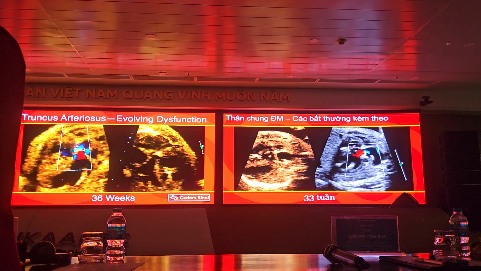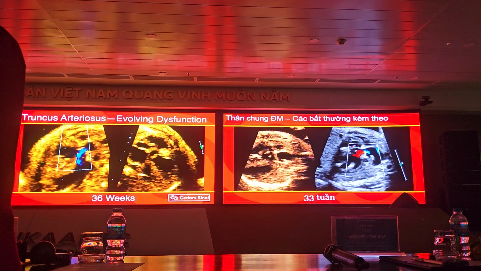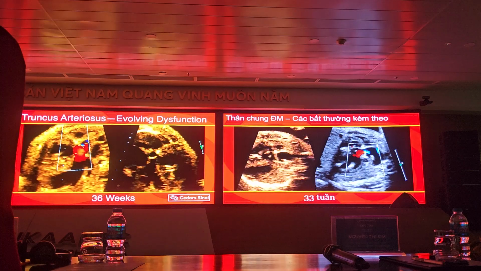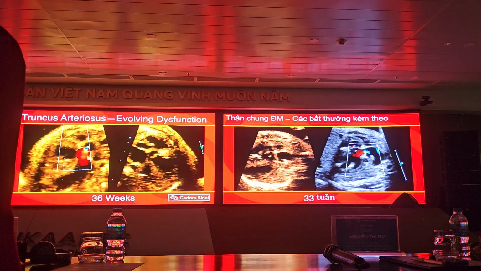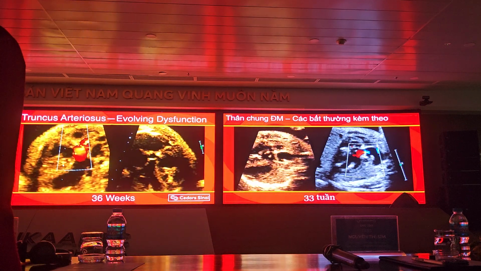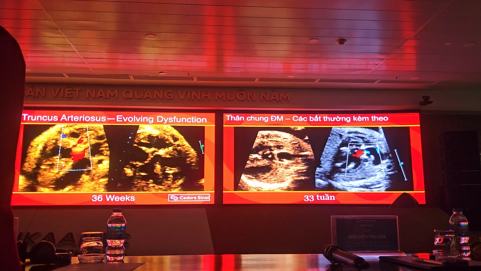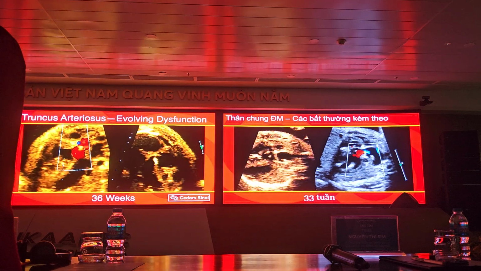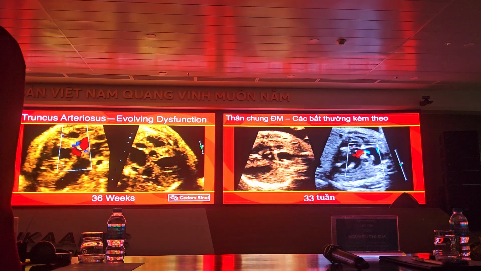Here you can see at 36 weeks the right ventricle is barely moving, and the very thickened truncal valve. There's not much we can do. Whether some of these fetuses can have fetal cardiac intervention, it's probably yes, but it's a very small percentage of cases.